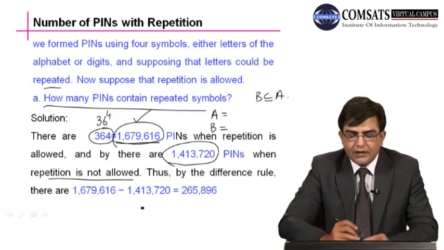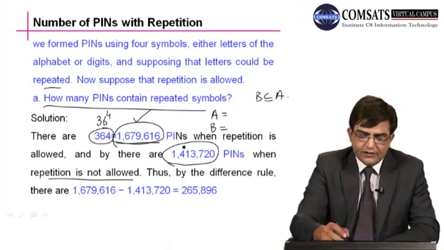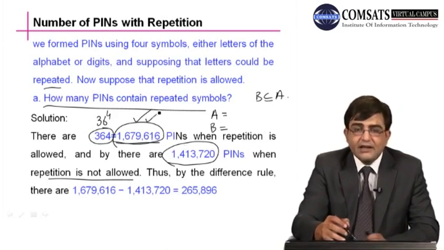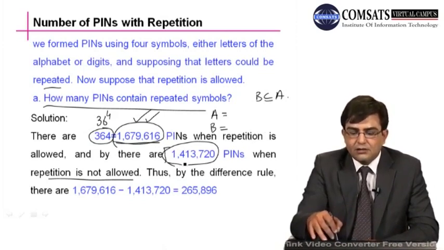So we have to calculate now how many are the pins which contain repeated symbols. So if we subtract this number from this number, because in this number there are pins in which the repetition is allowed, and this is the number in which the repetition is not allowed.